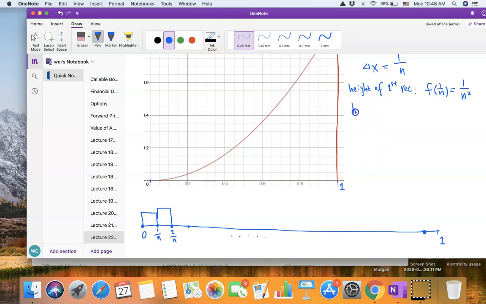Therefore the height of the second rectangle is going to be f of 2 over n. So it is 4 over n squared.